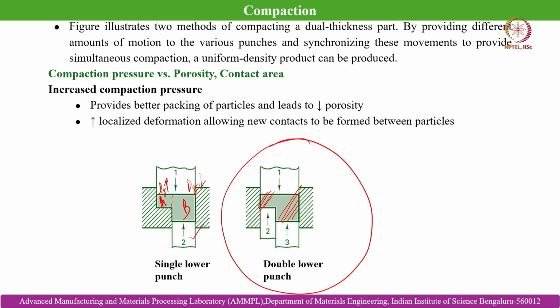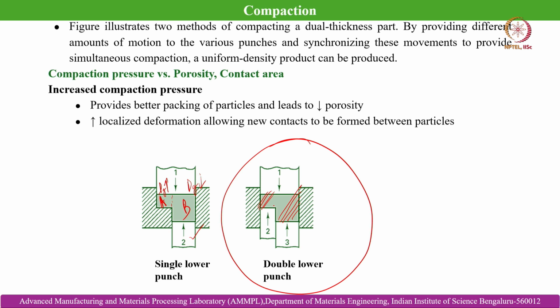So, that the resultant density becomes uniform, and the same density uniformity can be retained even after sintering. And what will be the alternative route? It can be by using two different lower punches, where both the lower punches are responsible for exerting a different amount of pressure, so that the resultant density distribution becomes uniform in the part.